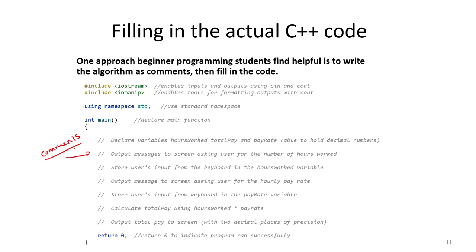So we'll demonstrate this a little later, but you can see that if you break down your algorithm into comments, then it can help guide you through the programming process. And it can make it a little bit easier to implement that program and follow what's happening. So let's go ahead and learn about how to accomplish all these different tasks. And then at the end of today's class, we will implement this program from start to finish.